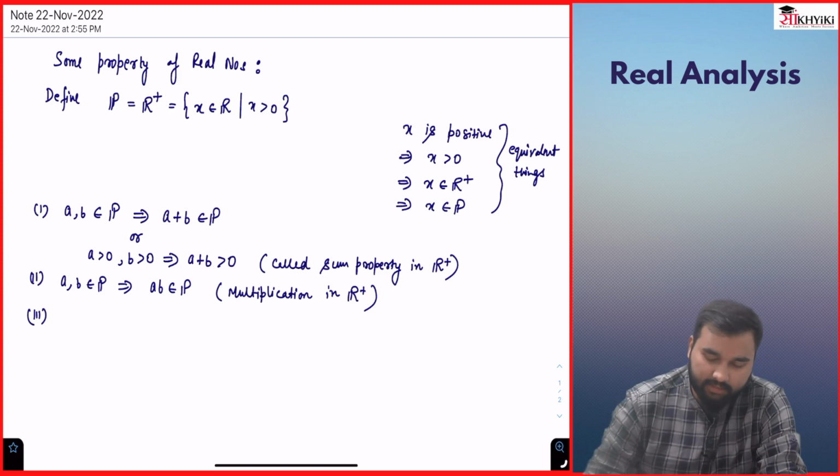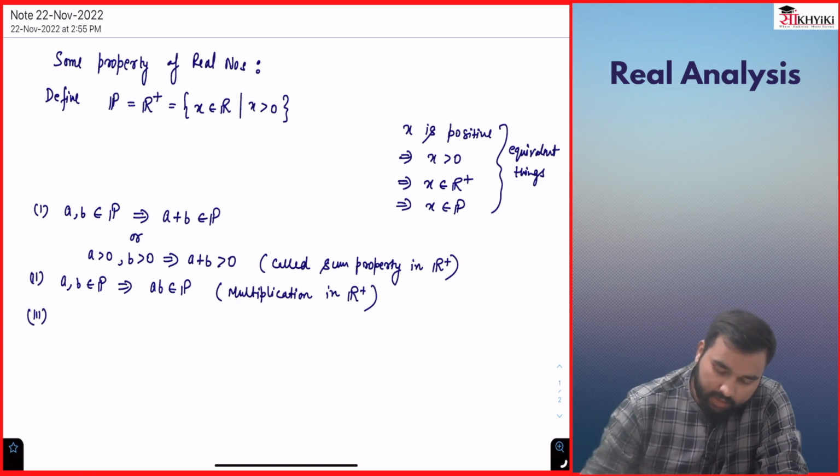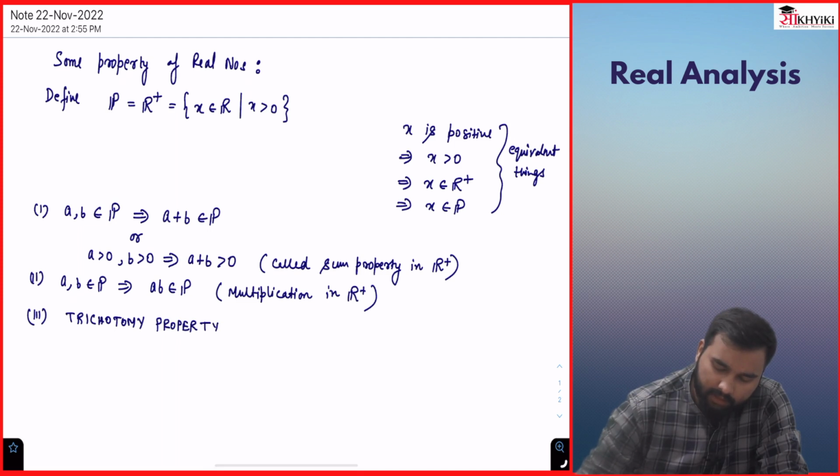So this property of real numbers is called the trichotomy property.